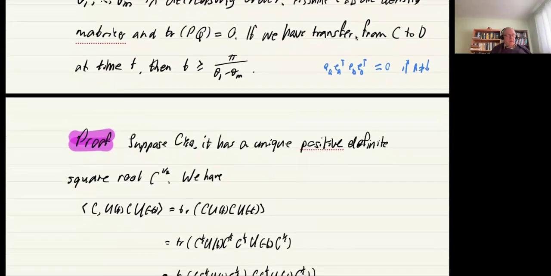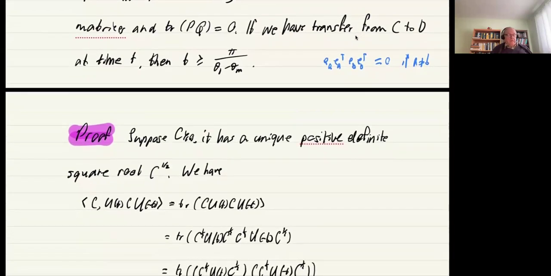Since C is positive semi-definite, it has a unique positive semi-definite square root. C is equal to a unitary matrix times the diagonal matrix on non-negative entries times the inverse unitary matrix. The diagonal matrix on non-negative entries has a unique positive square root.